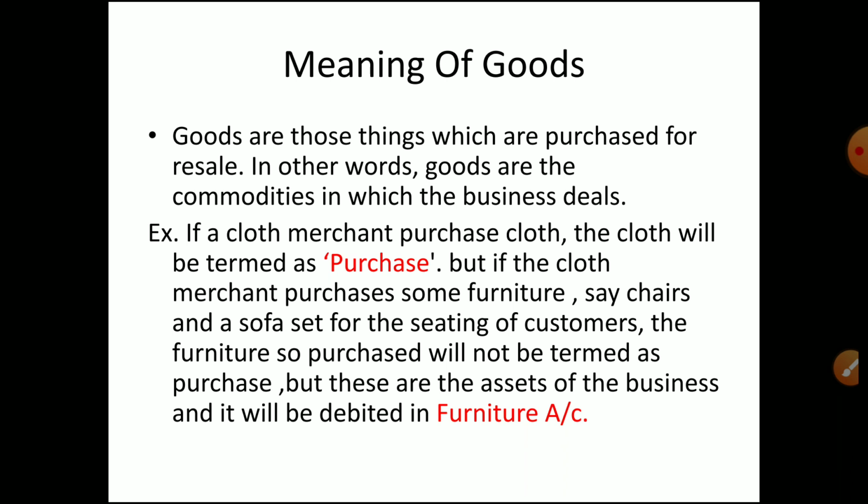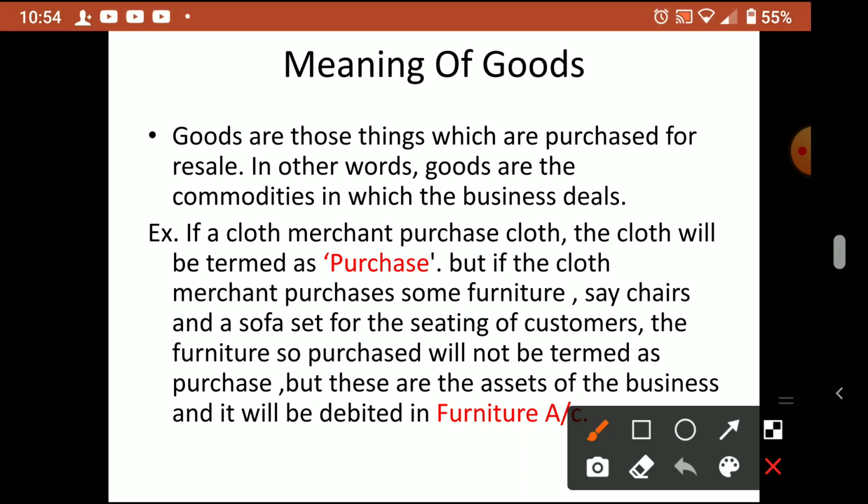Goods are those things which are purchased for resale. Whatever you purchase in a business for selling it, those items are called goods. In other words, goods are the commodities in which the business deals. Suppose I am a cloth merchant. What are my goods? Clothes are my goods. If I am running a vegetable shop, vegetables are my goods.